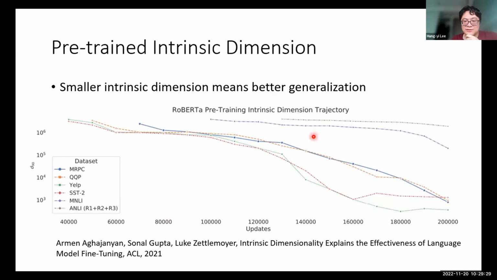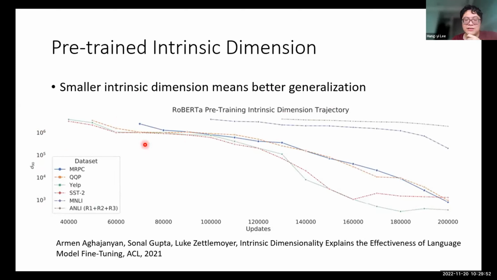This figure is from Intrinsic Dimensionality Explains the Effectiveness of Language Model Fine-Tuning. The horizontal axis is the training process, the number of updates, and the vertical axis is intrinsic dimension. Smaller intrinsic dimension means better generalization.